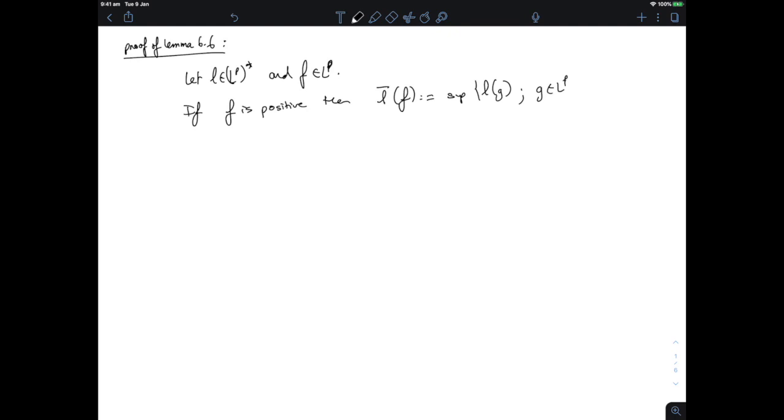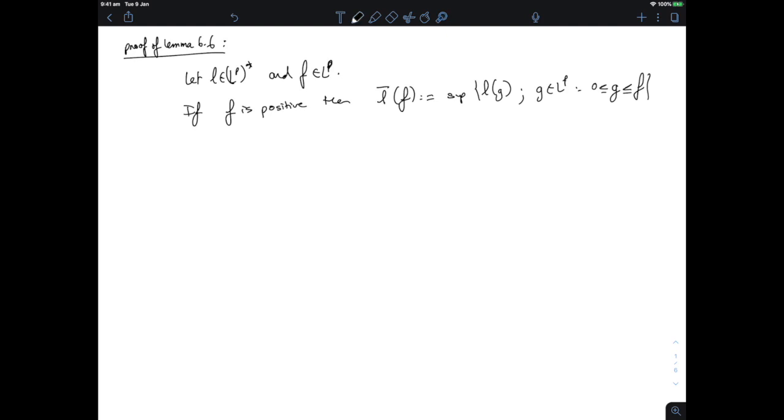So an element of L^p that is positive and below f. And what I mean by this sort of inequalities between functions, of course, is this holds: g of x is less or equal than f of x for almost every x, and g of x is non-negative for almost every x.